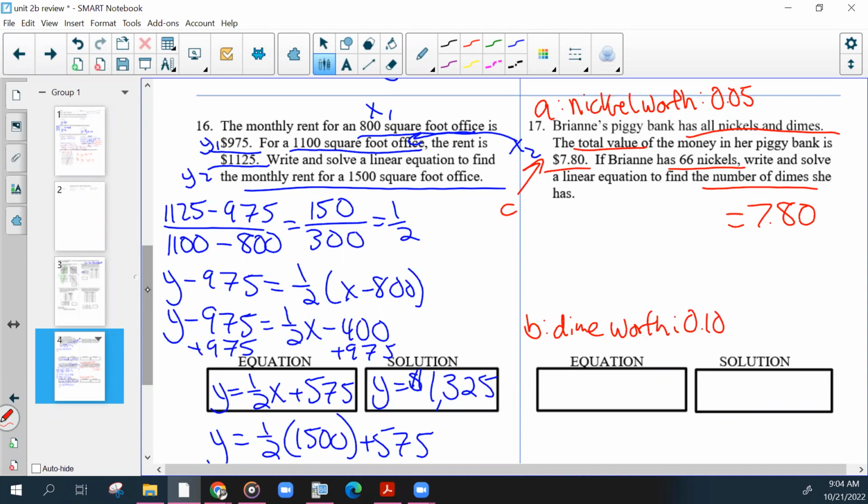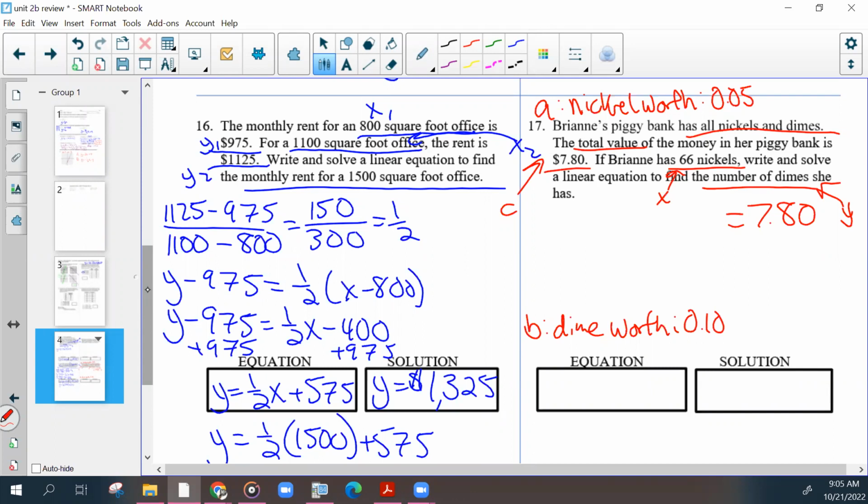We know the number of nickels and we see something else with nickels, those have to go together. So 66 is going to be X, which means the number of dimes is going to be Y.